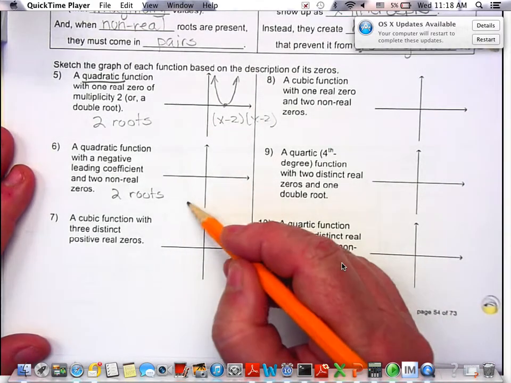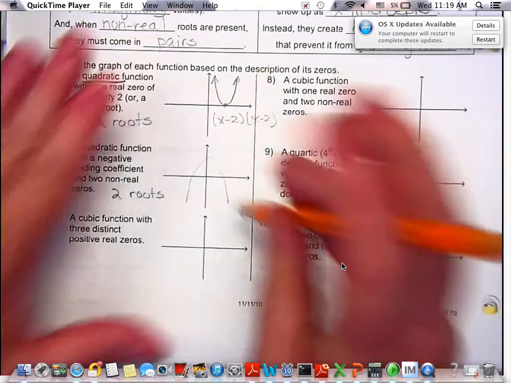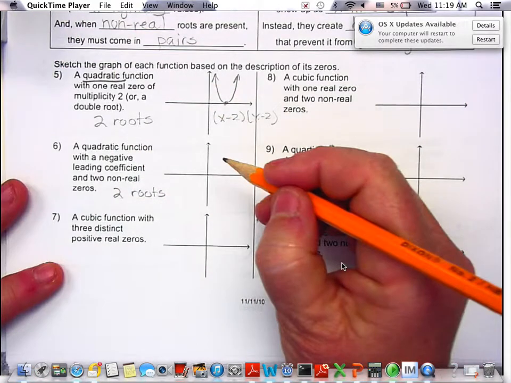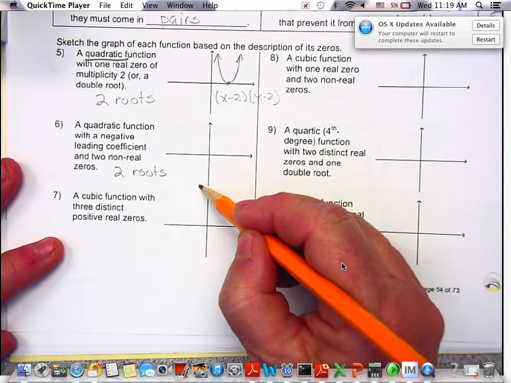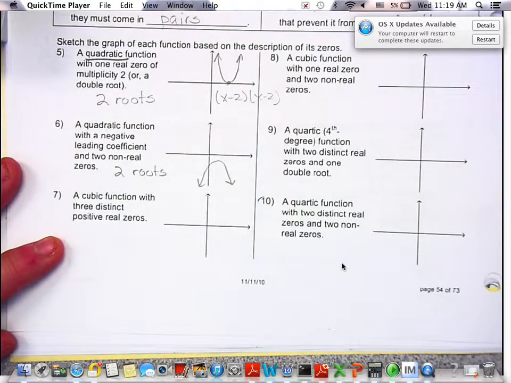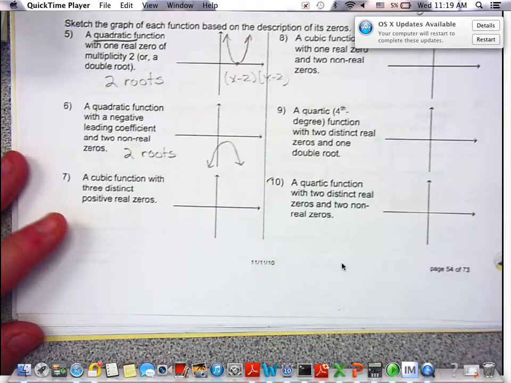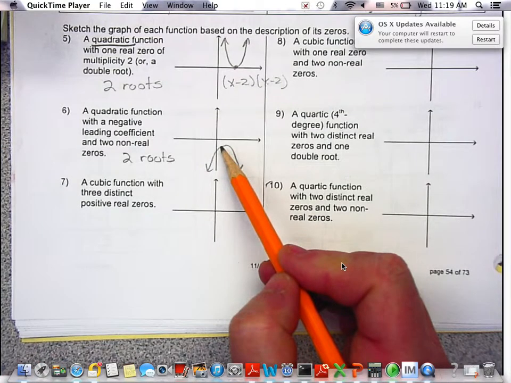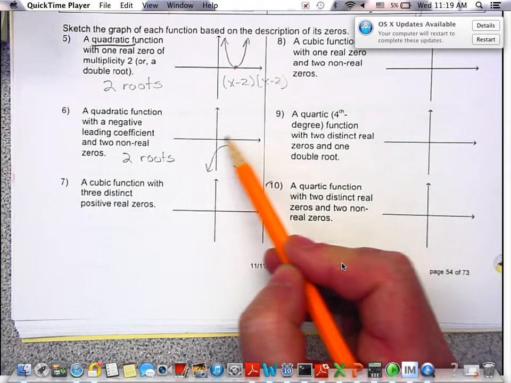So would I draw it here? No. Where would you draw it? So that it doesn't cross the x-axis. Underneath it, like that. What'd you have, Bryce? I drew one. So that means it's 2 imaginary roots because it doesn't touch it at all.